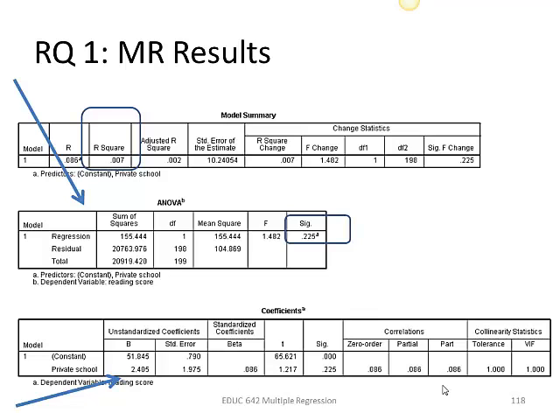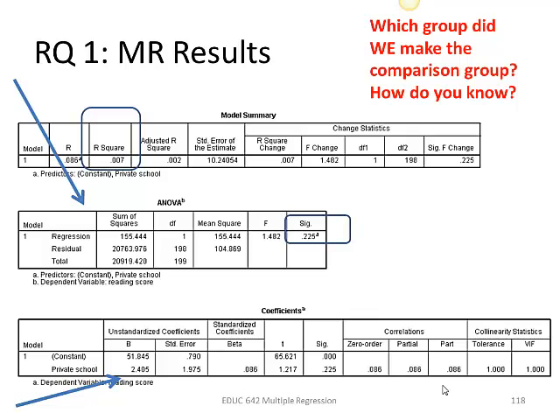I get my public schools for my intercept or constant and private schools for my slope. And I come to the same conclusion that they're not significant. Oh, and which group did we make the comparison group? Public schools. How do we know? Because we named the slope so meaningfully, right? So it's the effect of private schools.